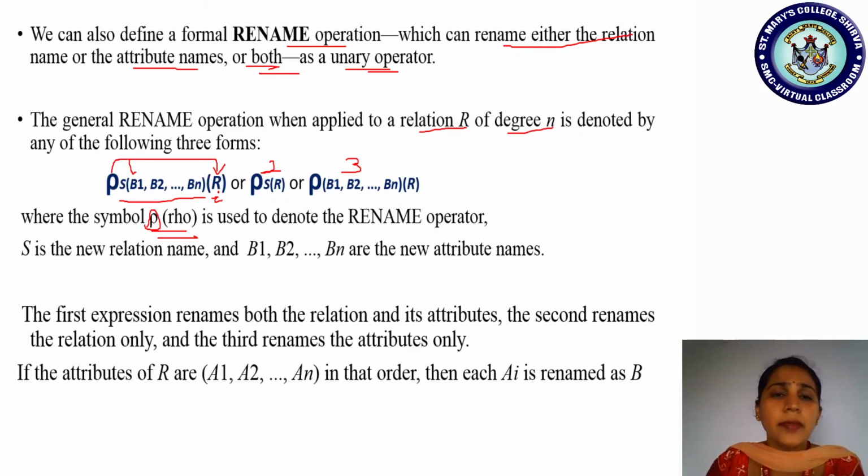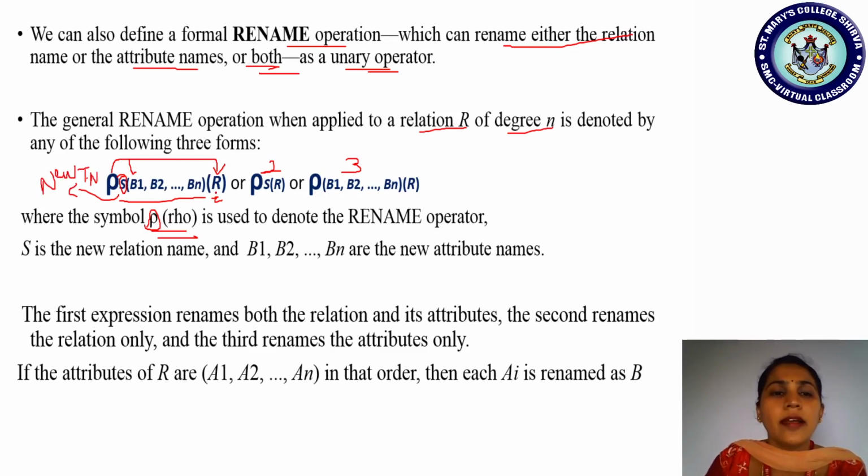The existing table, the one for which we are applying the rename operation. So rename relation R with new name S. S is what here? S is the new table name or relation name.